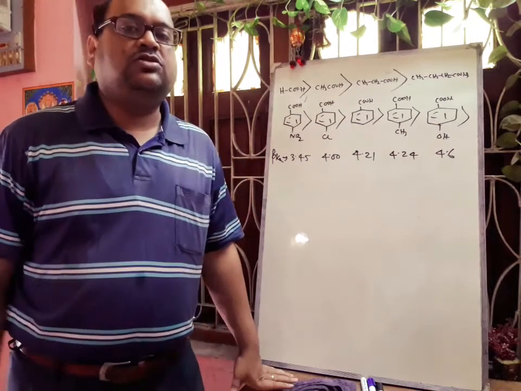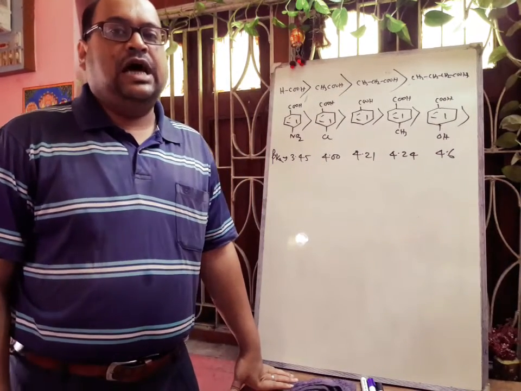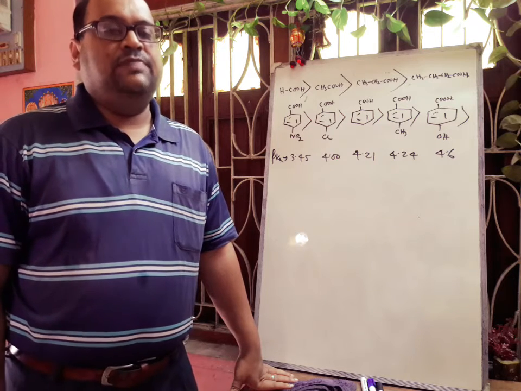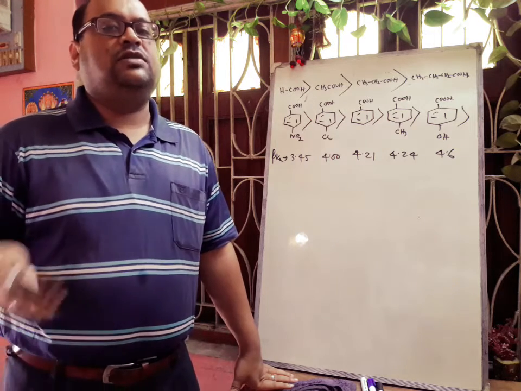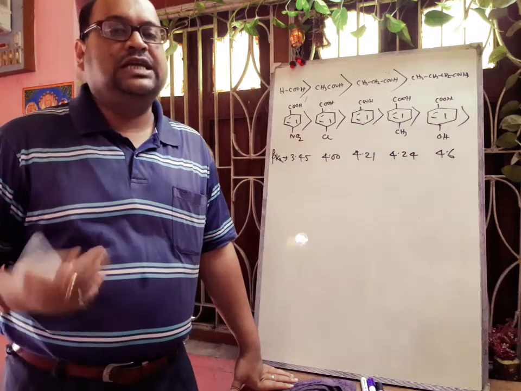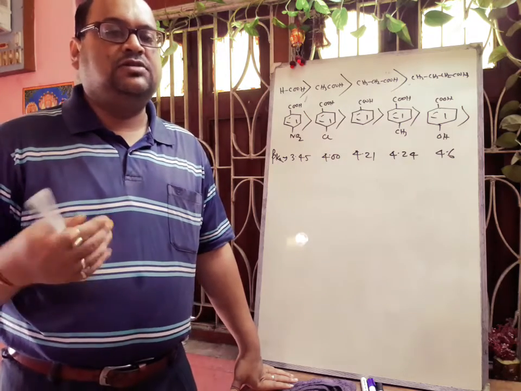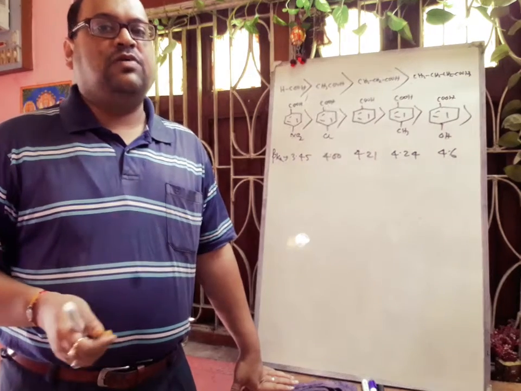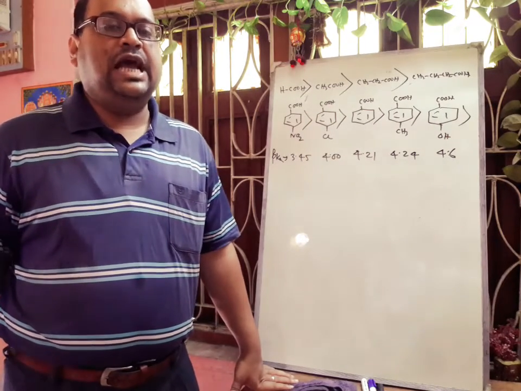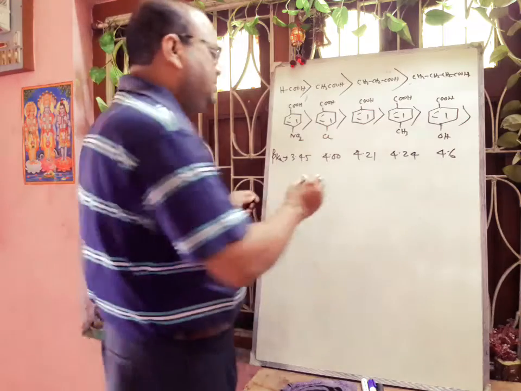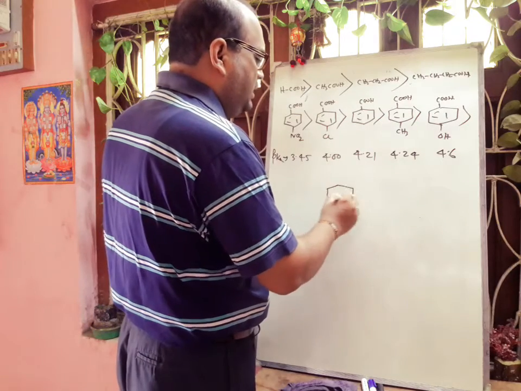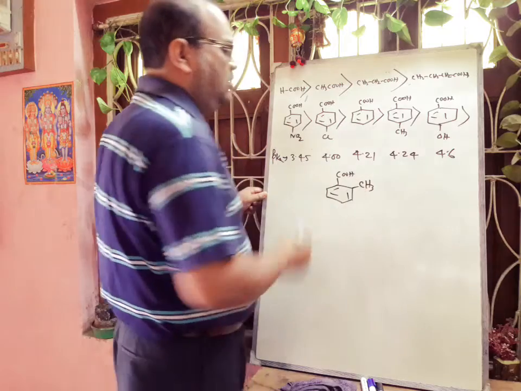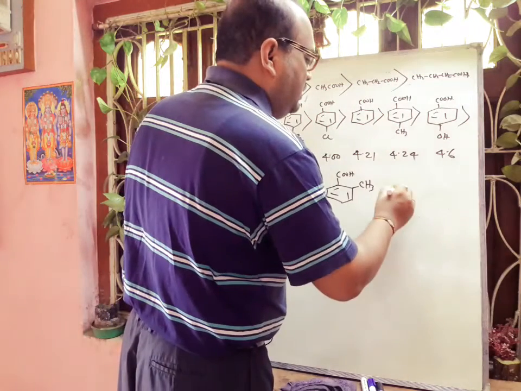Now if we consider the ortho-substituted benzoic acids, they are unusually stronger acids compared to benzoic acid. It may be an electron donating group, it may be an electron withdrawing group. So regardless of the nature of the substituent, whether electron donating or withdrawing, this is called the ortho effect, and it is probably due to a combination of steric and electronic factors. That means I want to tell one thing: in COOH, if we introduce one methyl group at the ortho position, definitely what will you think?